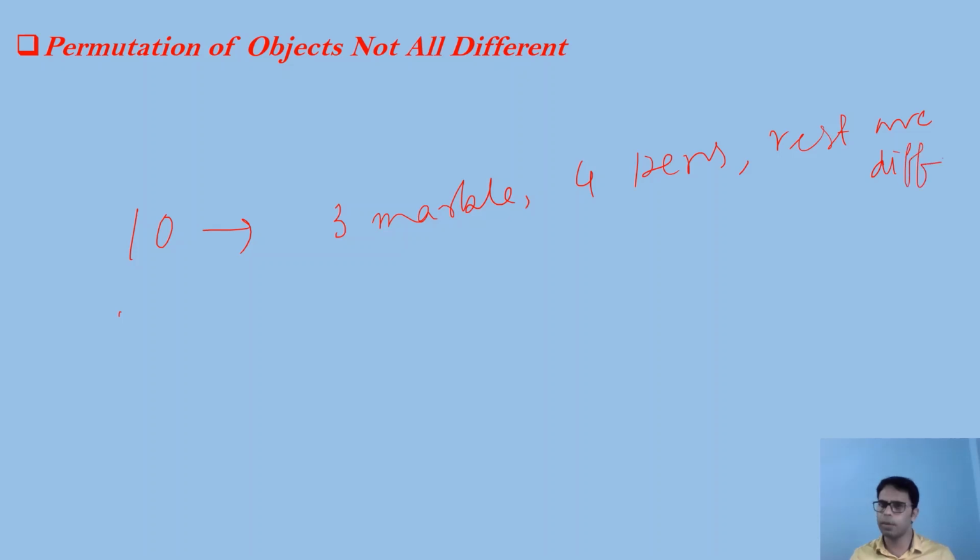This is one of the ways. Or, all these 10 objects, 3 are the same, then say 5 are some other kind, these 5 are the same, and the rest of the 2 are some other kind.